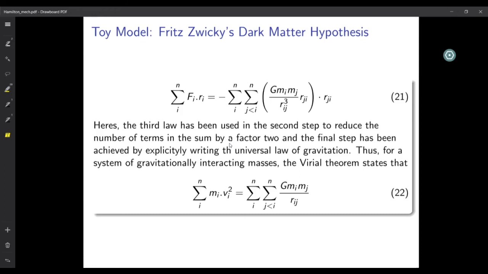Sorry, it's the other way around: the solar luminosity mass was much lesser than the virial theorem mass. That led Zwicky to hypothesize that there might be something called dark matter contributing to the overall mass that we cannot directly calculate from the galactic luminosity.